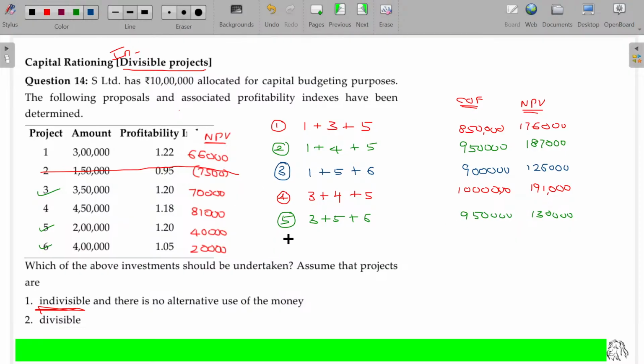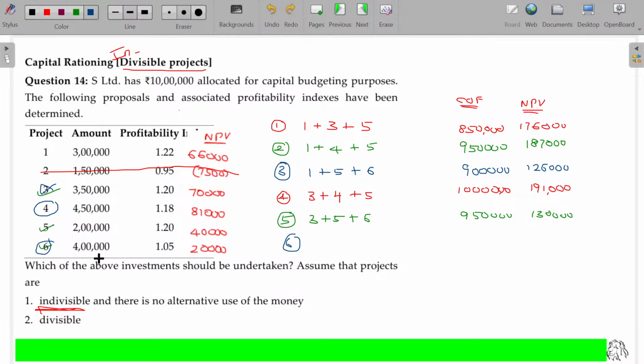Then we'll move on to the other possibilities. Now 3, 5, 6: already 5, 6 are over. So you have to now leave 3. You have to choose 4 and 6. 4 and 5 are already chosen.